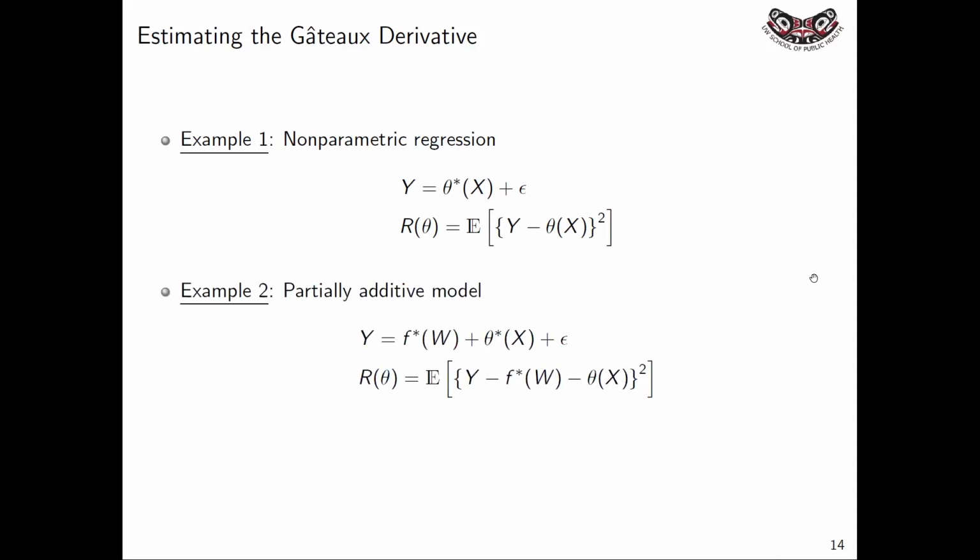The other, more complicated example is the partially additive model, where I have the same as before, but now I have another function f star of w, where the w's are nuisance parameters. In this case, I need to estimate the nuisance parameters in order to carry out my test. But it's very similar. The main difference is the additional nuisance.